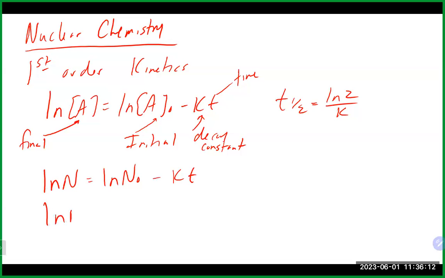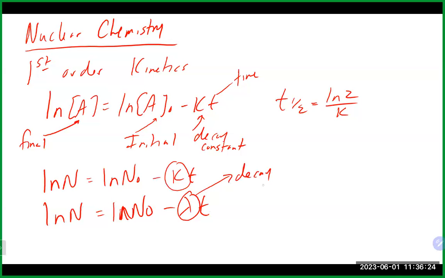Or you may even see natural log of N is equal to natural log of N naught minus lambda t. Lambda is also used as another symbol for the decay constant, depending on your book. N means nuclide, our guys going through radioactive decay, or nucleus, our isotope that's undergoing decay.